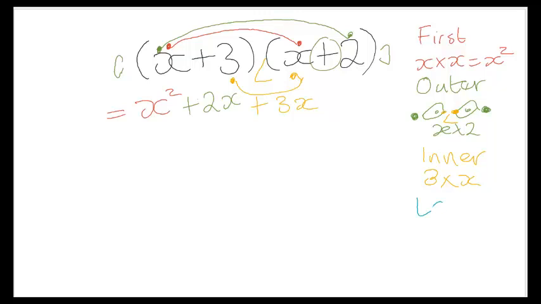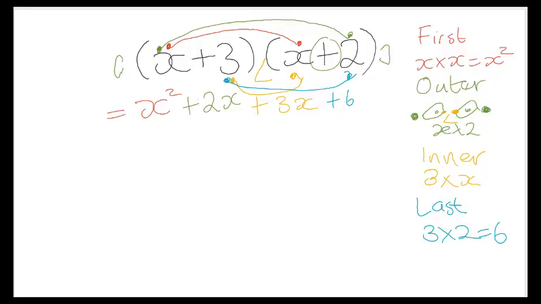So on my last section, 3 is the last one in the first bracket, and 2 is the last one in the second bracket, and I'm multiplying that too. So I've got 3 times 2, which equals plus 6. So my answer is x squared plus 2x plus 3x plus 6.